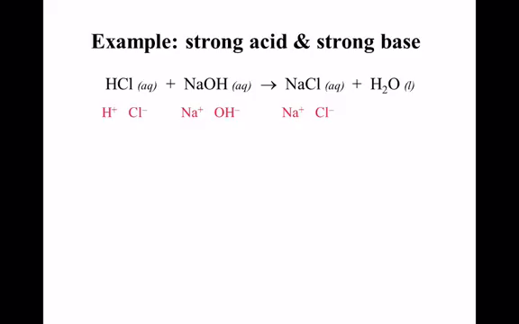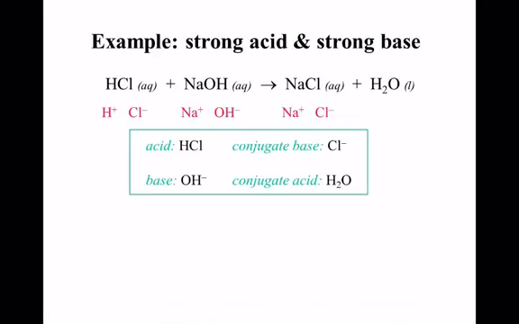So here is the chemistry that's going on. They basically switch partners. You end up with, we're going to call NaCl the salt. Actually, I have a term coming up for that. This is a neutralization reaction. This is our salt, and this is our, of course, water. So we could find the pairs that differ by a proton.